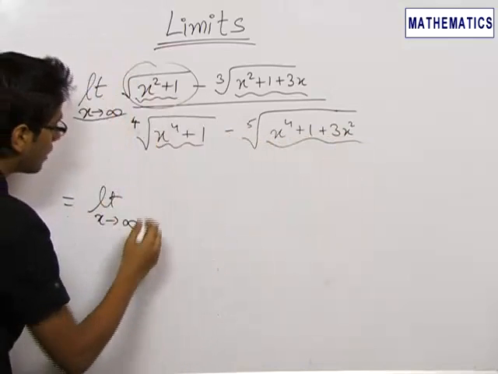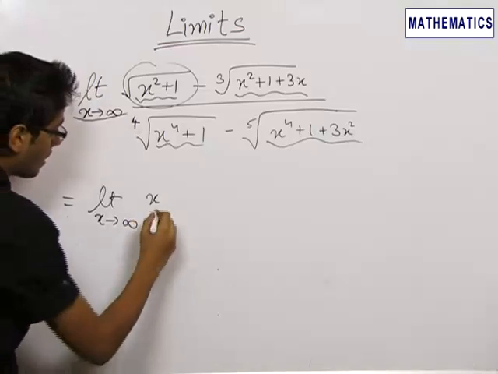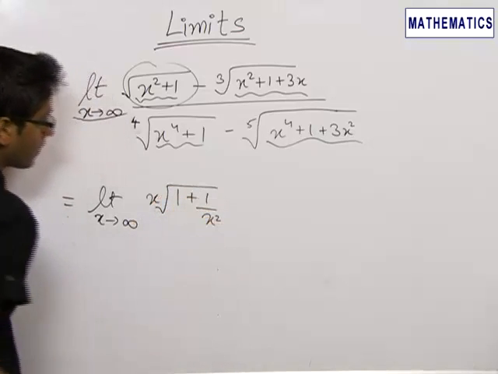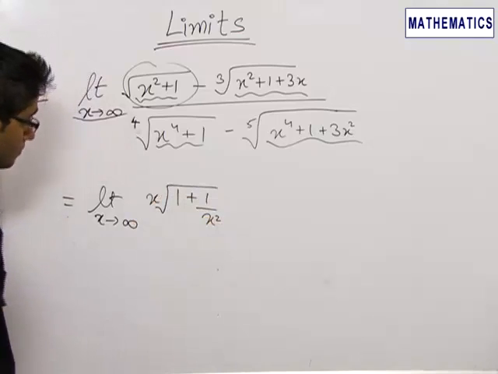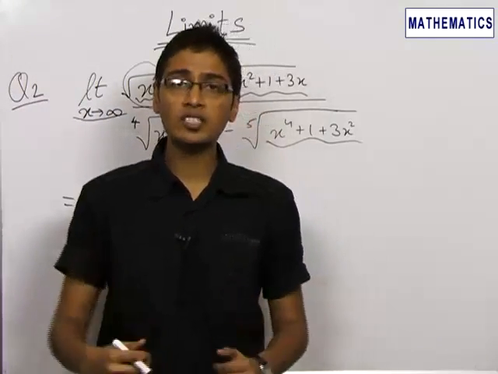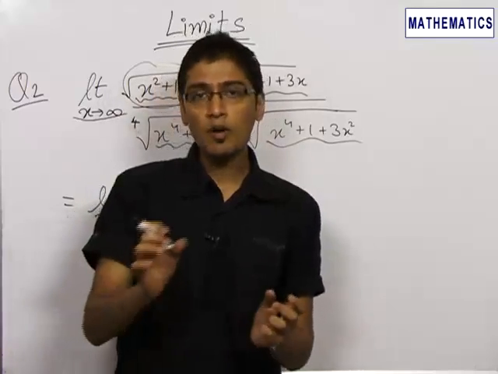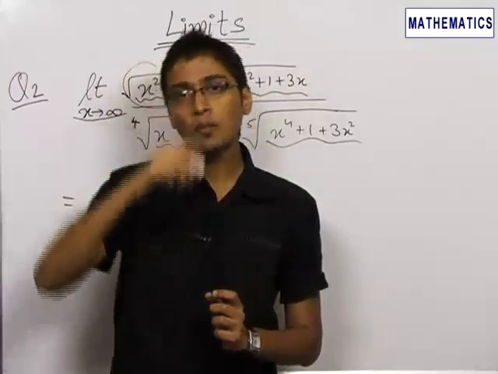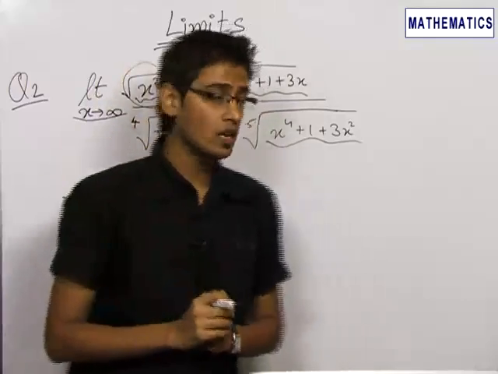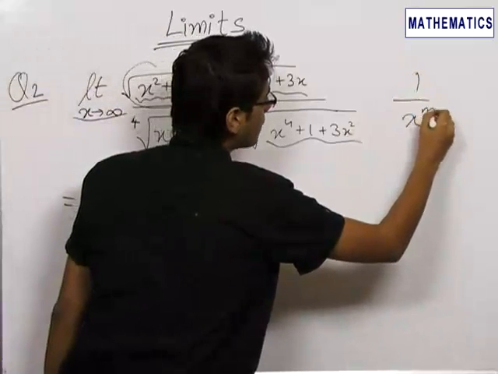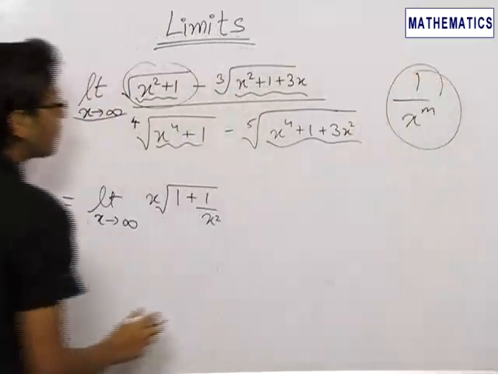This x square comes outside as x, and we see there is 1 plus 1 upon x square generated inside the square root. We try to generate terms like 1 upon x square, 1 upon x cube, 1 upon x power something, so that as x tends to infinity, this 1 upon x term goes to 0. So we try to generate these 1 upon x power m type terms everywhere in the problem.